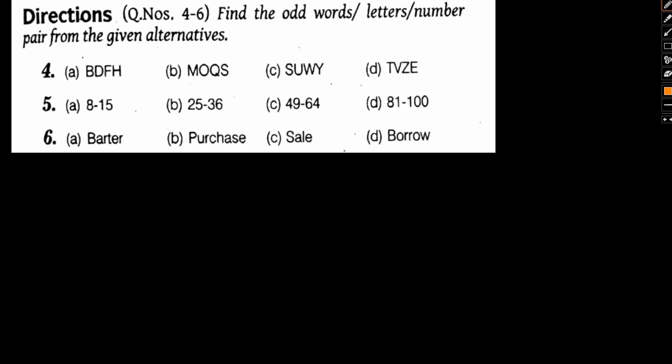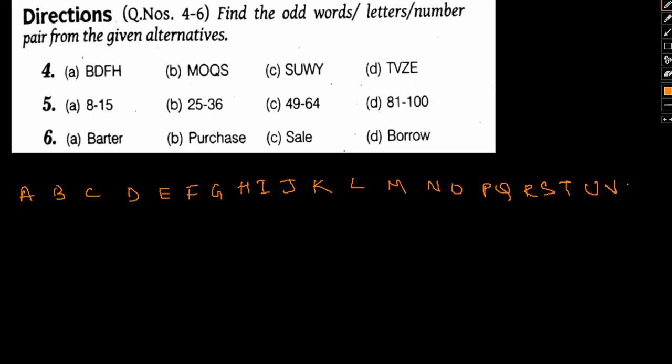If we take a look at question number 4, these are all alphabets, right? So let me do one thing. Let me just note down all the alphabets, so that it will be easy to spot a pattern. Okay, so we have all the alphabets.